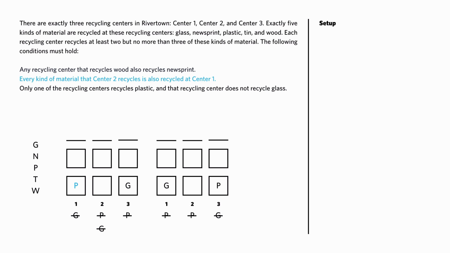Now we can consider the second rule more carefully, notate it, and make inferences. For the first frame, since group 2 can't have P, and every element in group 2 must be in group 1, we know that group 2 can only have 2 elements, and we can cross out the top position for group 2.